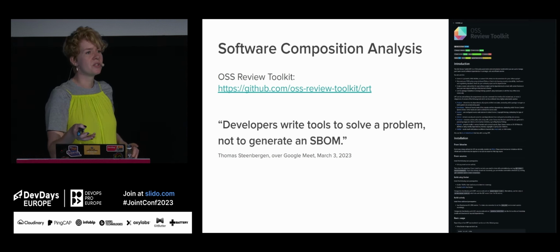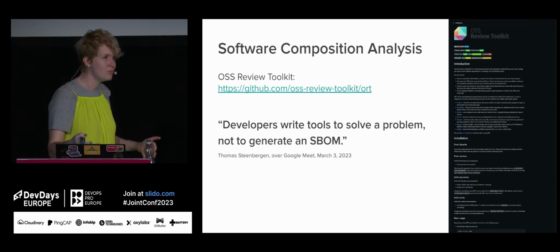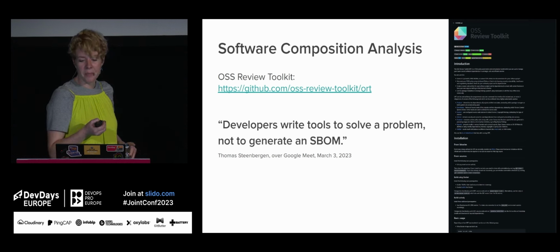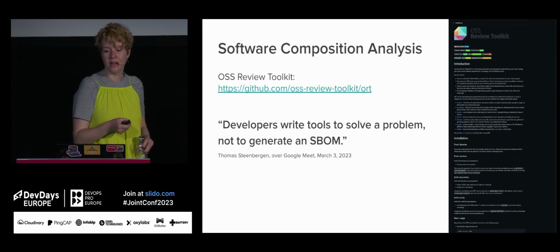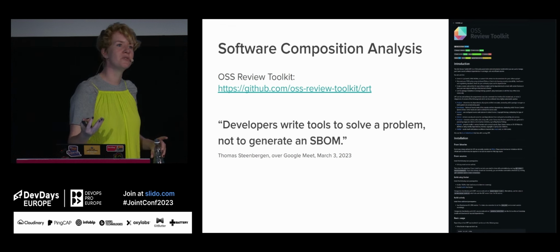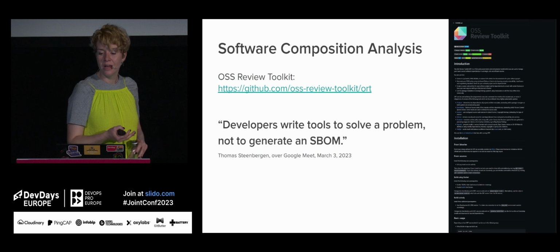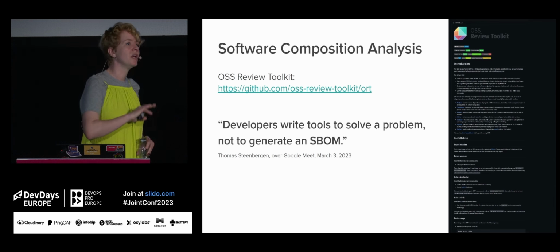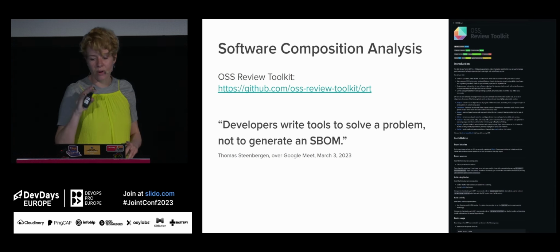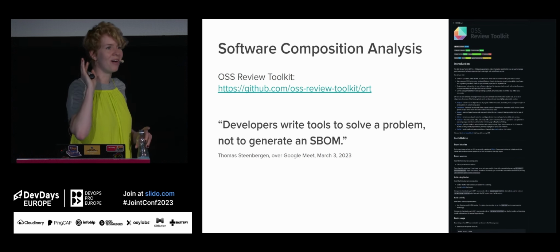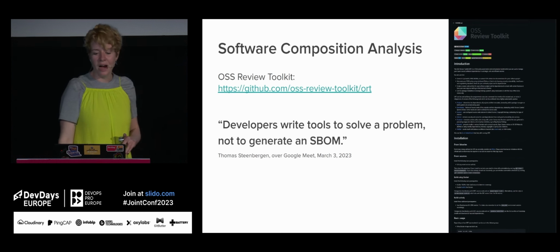So, for instance, Thomas Steenbergen, who is a Dutch person living in Berlin, wrote this OSS Review Toolkit, or ORT for short, because again, we love acronyms. And it can be integrated in your GitHub Actions or GitLab or Jenkins or what have you.